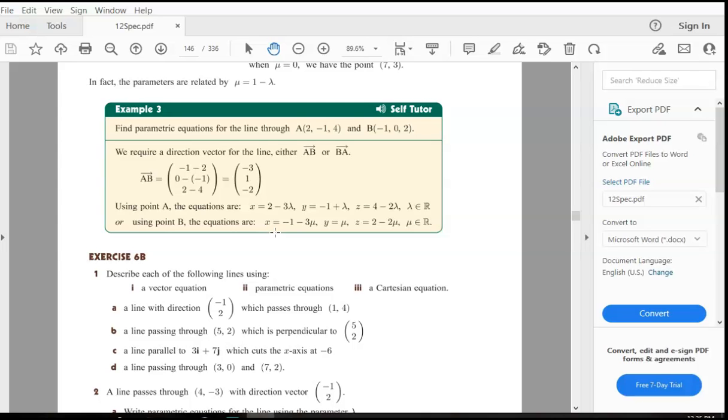And that's a bit of a pain for me, but that's all right. You can suss. And you can see here, because they've done it 2 different ways, if you're using point A, they've got lambda as a thing, or you could have used S, and then if you use point T, you use a different variable. Okay?